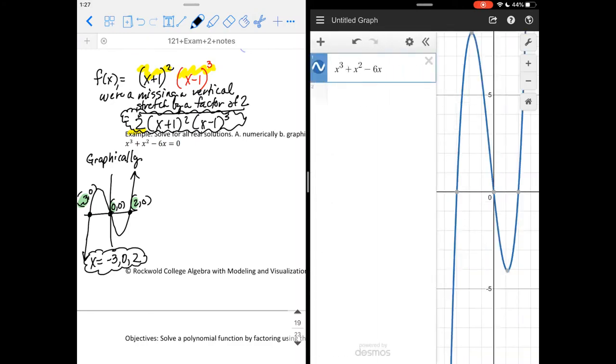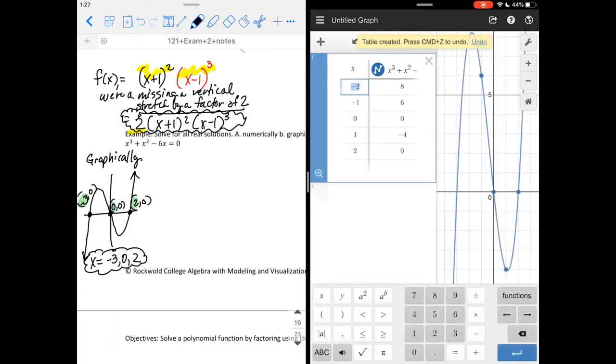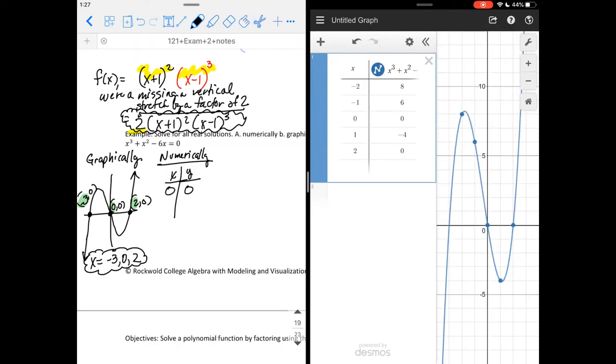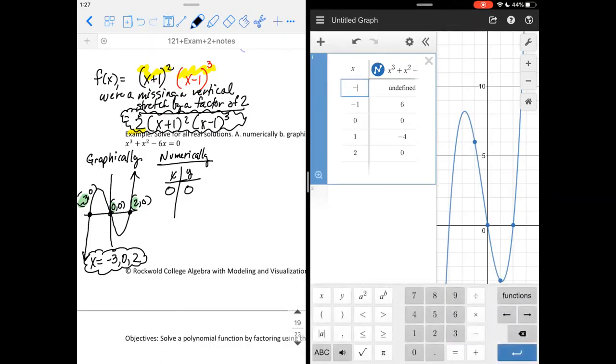Now, numerically, this is what you need to realize. Numerically is just looking at the table. So for our x and our y's, we're looking for when the y values are 0. So here we have 1, 0, 0. And the other one would be, and you can guess and check here, but again, the graph is beautiful.